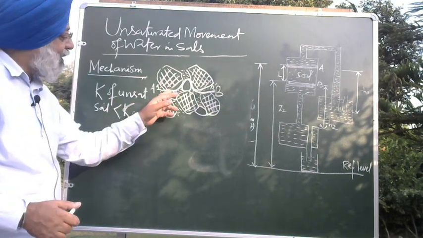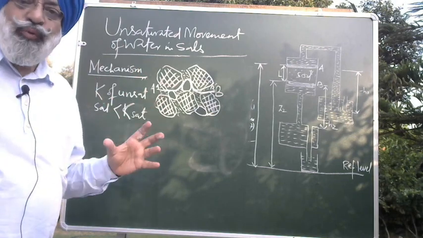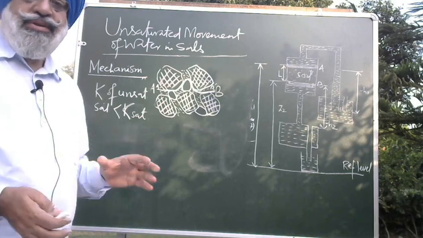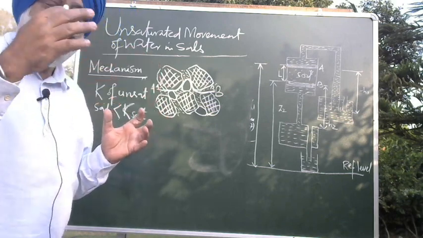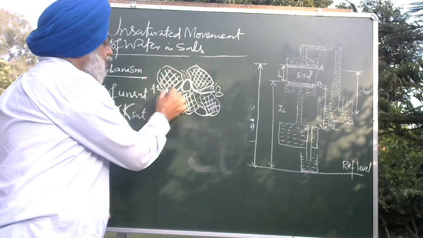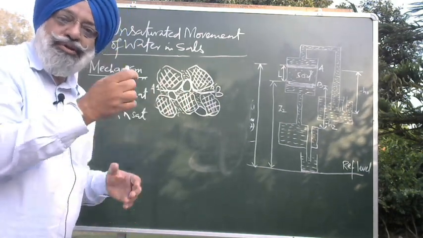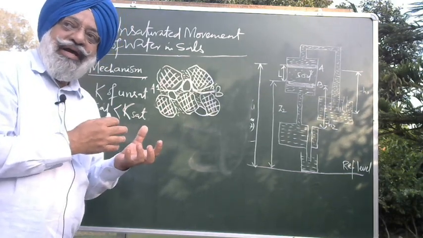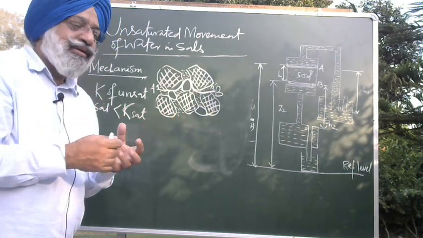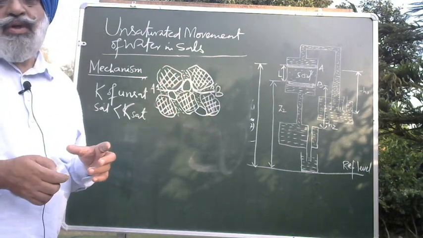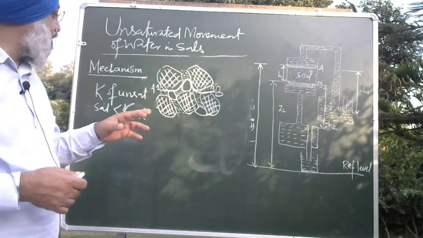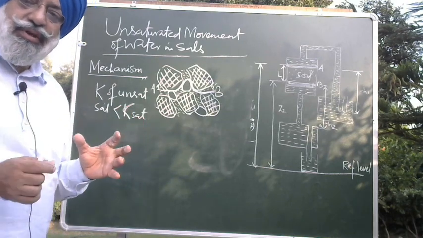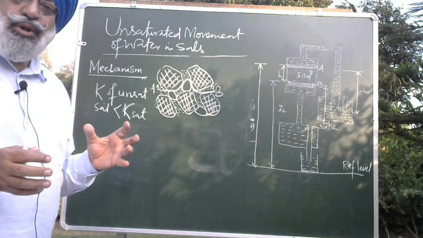But as the soil becomes unsaturated, the macro pores get occupied by soil air, then the soil becomes tortuous and the water has to travel much more distance. At the same time, when water moves along the soil solids, there is attraction of water molecules by the soil solids, and once this attraction force is there, the velocity will decrease.